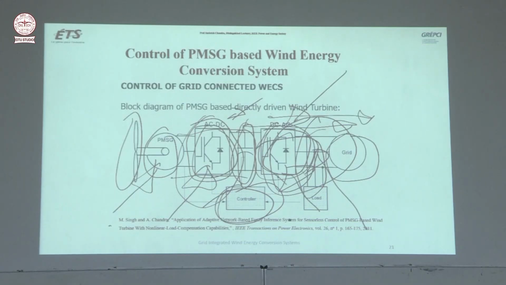But basically, suppose there is a load here, a non-linear load. What I wanted to say is that if it is a non-linear, unbalanced, reactive load, then instead of providing those harmonics or reactive power from the grid, why don't you use this inverter to compensate those problems?